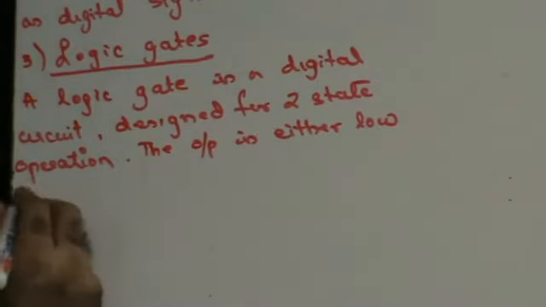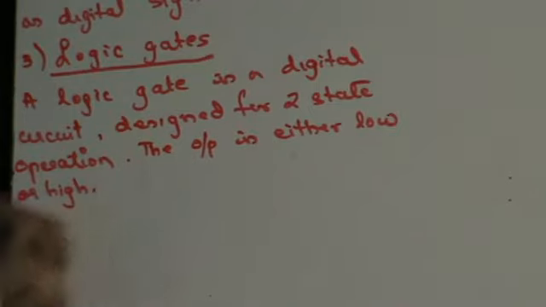So that's two states of output. Fine, do we get this thing clear? A digital circuit with one or more input signals but only one output signal is called a logic gate.